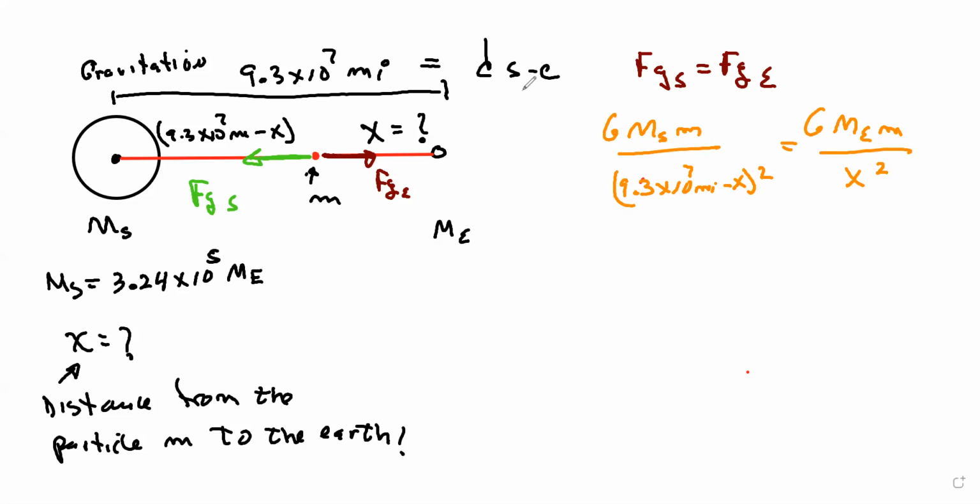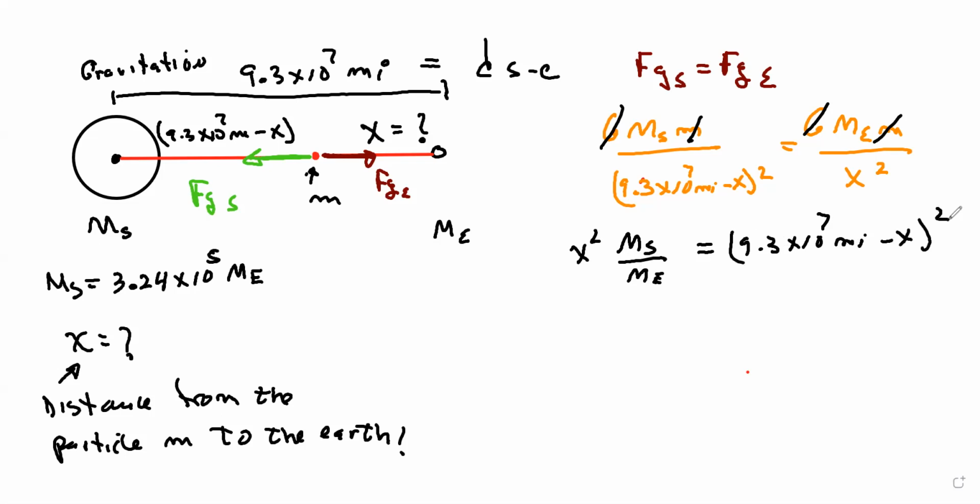Here G is going to cancel with G, m is going to cancel with m, and then we're going to have x squared times the mass of the sun over the mass of the Earth equal to 9.3 times 10 to the 7 miles minus x, squared. And now we take the square root of both sides.